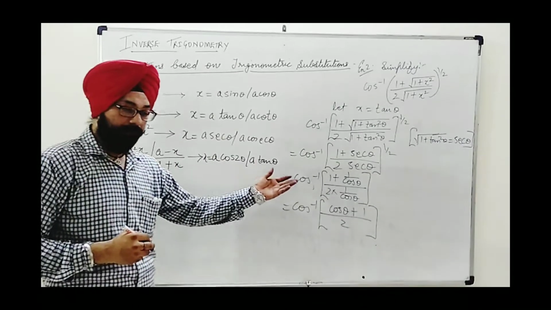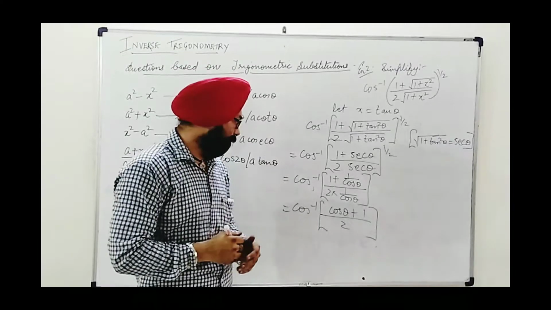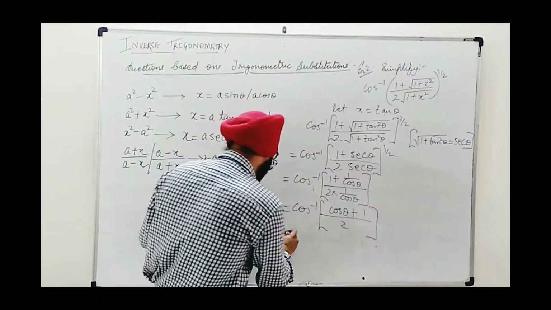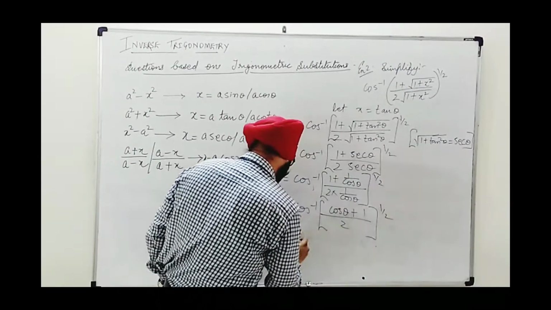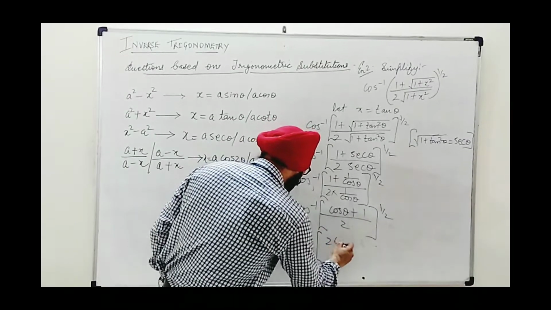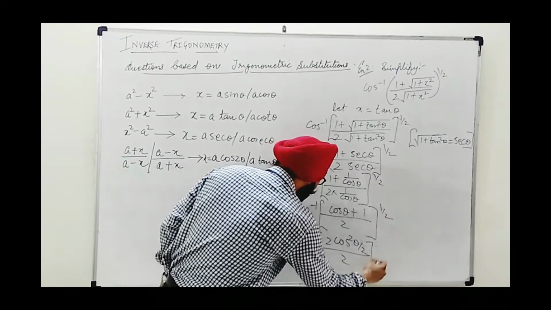Now, if you are not aware, I will use the same identity I spoke of in the beginning: 1 plus cos theta can be converted to 2 cos square theta by 2. So we have cos inverse of (2 cos square theta by 2 divided by 2), raised to the power 1 by 2.